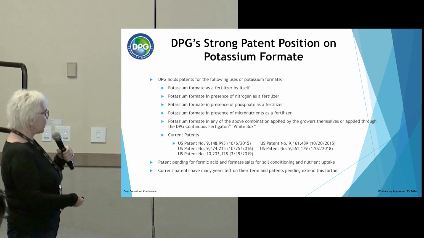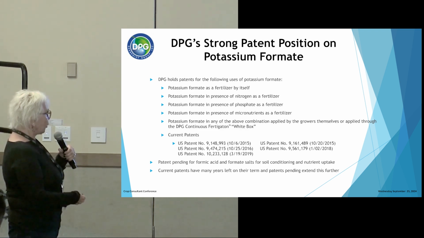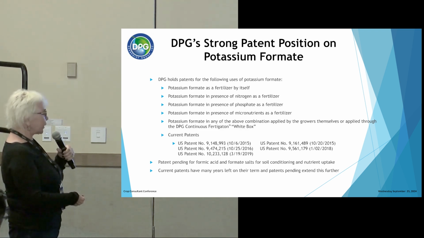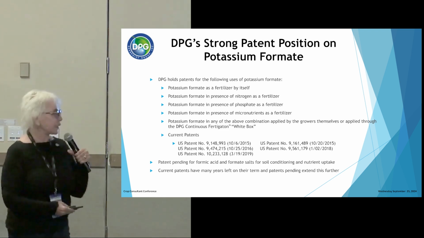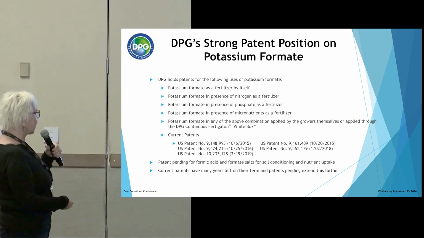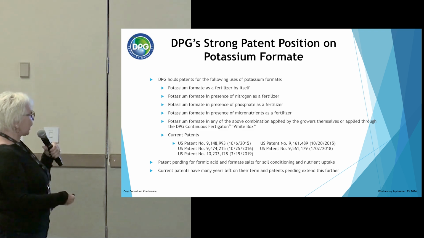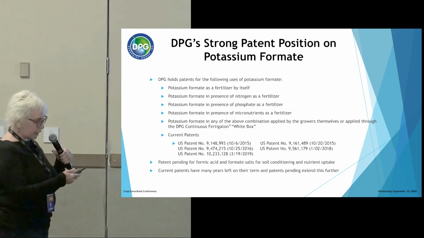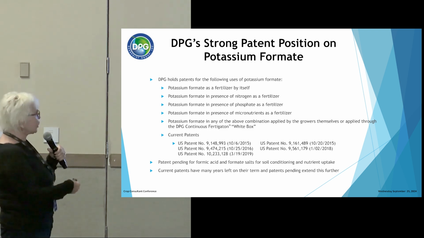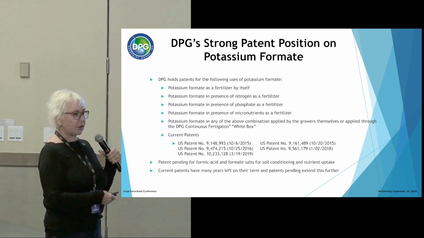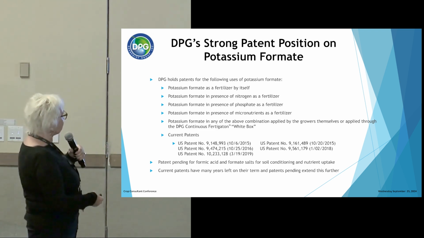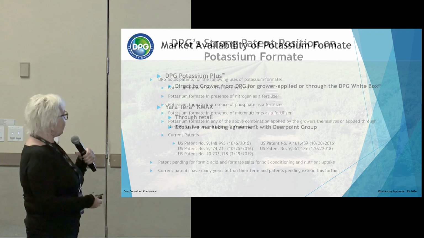This is a list of our current patents, and we also have a patent pending for formic acid and formate salts for soil conditioning and nutrient uptake. So as you can see, we have a lot of years left on the term of our current patents. We just got one, but I forget when it was issued. It just issued like 2 days ago. So I don't even know what that is for sure right now.